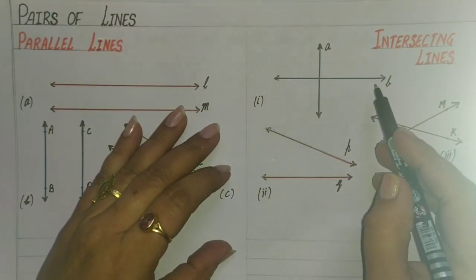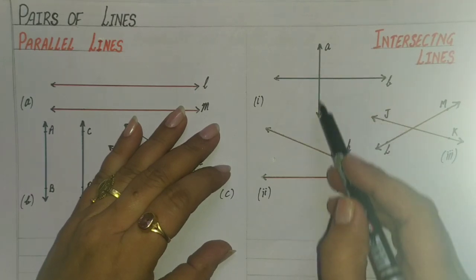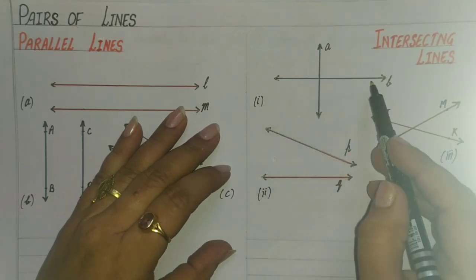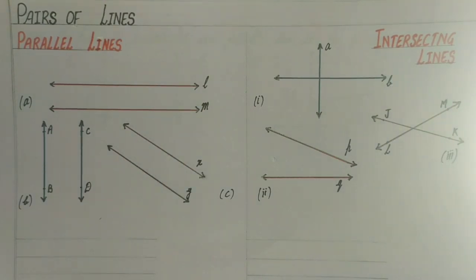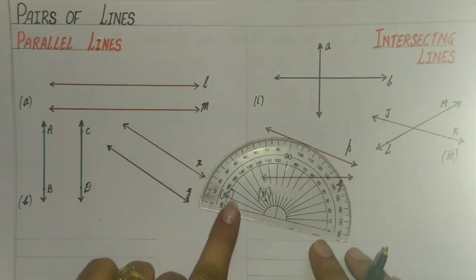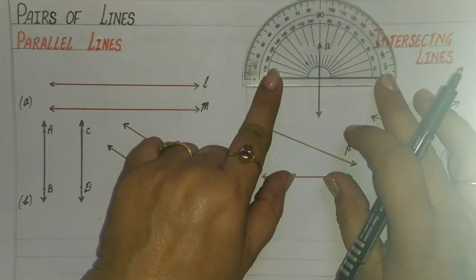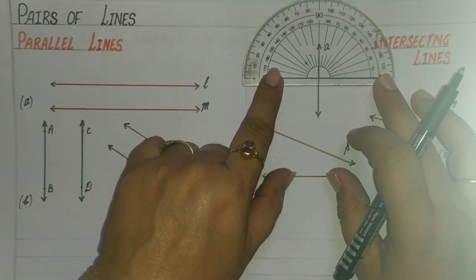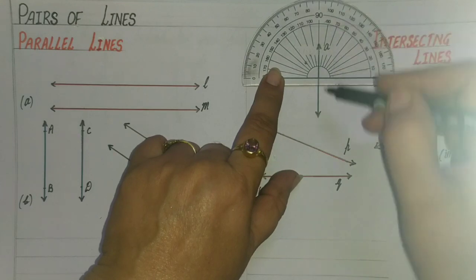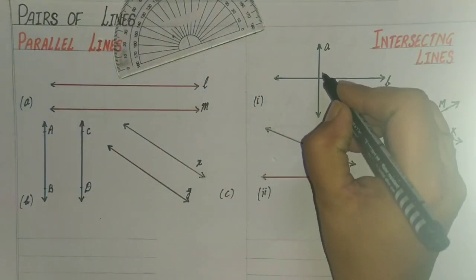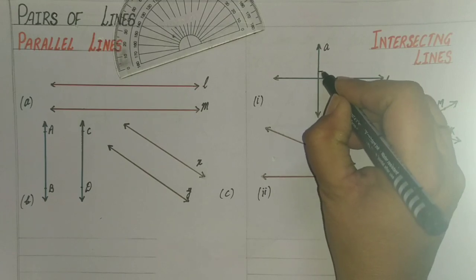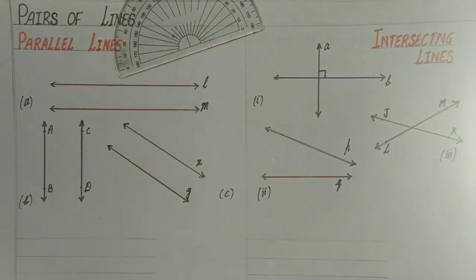In the first one, lines A and B are both intersecting lines since the angle of intersection of these two lines is 90 degrees. So we'll say that these two are perpendicular lines.